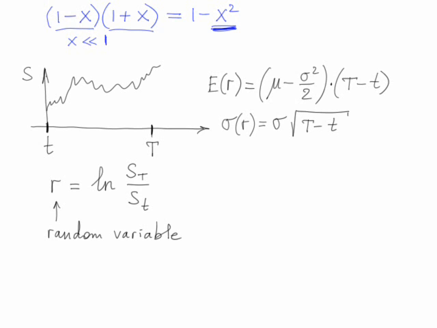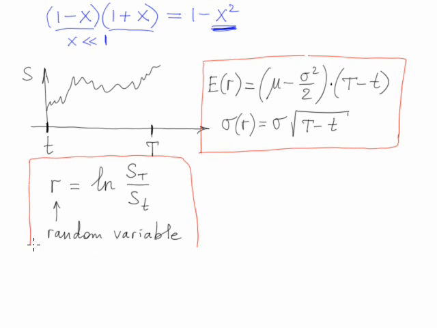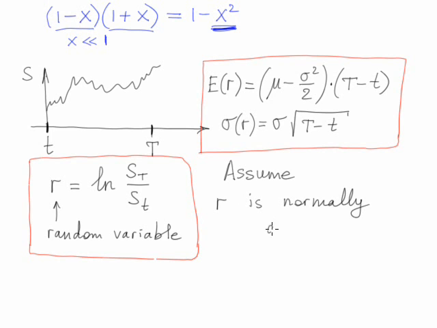So these are important equations. And I forgot to mention, and it's very important, so I write it down: assume that R is normally distributed. So it has a normal distribution.